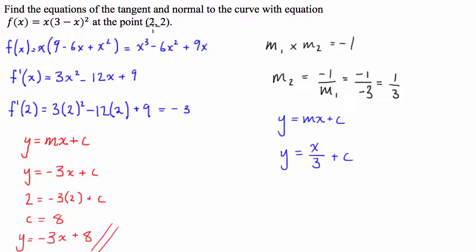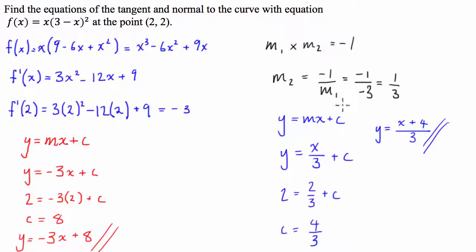So we just substitute these 2 points in. So we have 2 equals 2 over 3 plus c. So if we take that over to the other side, c is going to be equal to 4 over 3. Therefore, we can say that the normal is going to be y equals x plus 4 all divided by 3.